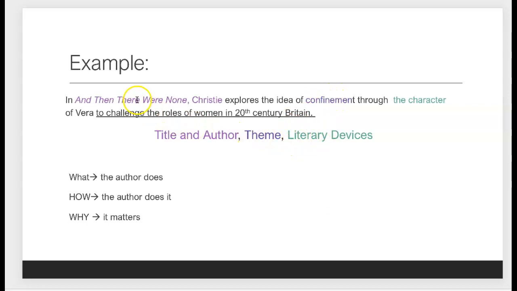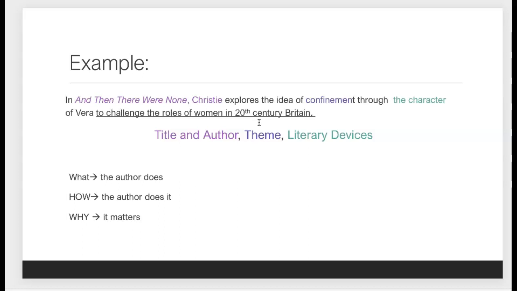So, author, title, what does the author do? She explores this theme or this idea of confinement. How does she do that? Well, she does that through the character of Vera. Why does she do that? Well, she does that to challenge the roles of women in 20th century Britain.